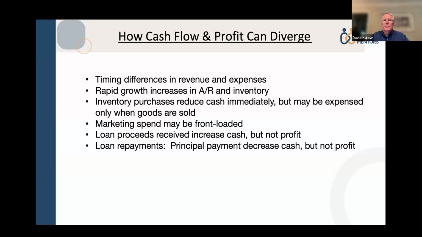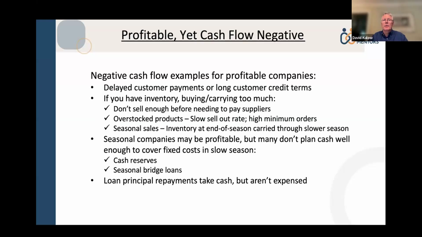Marketing expenses many times are front loaded versus when you actually use them. And then again, and I want to reiterate this, loan proceeds are cash coming in. When you take out a loan, you get a bunch of cash in, but that doesn't affect your profit. You can't call that profit. And then on the flip side, when you repay loans, the principal payment decreases cash, but not the profit.